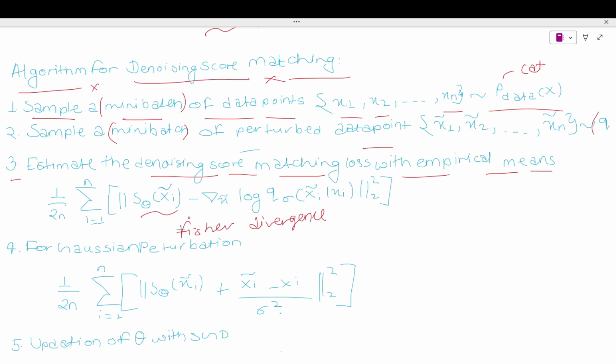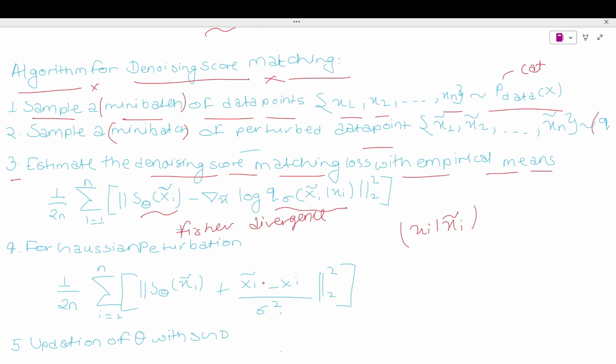This is our neural network, and this is our kernel. What this kernel does is take some image xi and give x tilde. We know the kernel has a closed form like this.